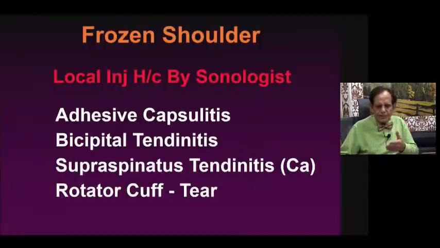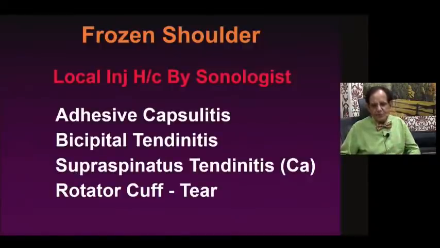These sonologists, when they do sonography of the shoulder, it's a beautiful investigation. Somehow GPs have not become fond of it and doctors are not asking for it. Very sad. X-ray will show you nothing, CT scan will show you nothing. But if you do sonography, you see the advantage.